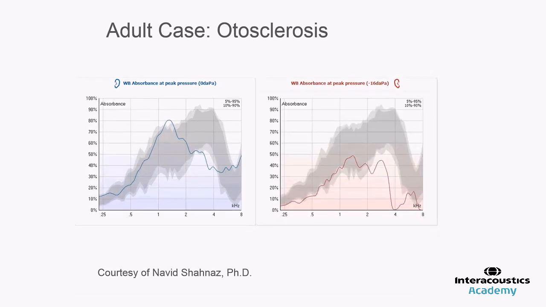And here's that same ear looking at the absorbance in the more normal left ear. There's a little bit of a decrease in the high frequencies, and it may be that there is some otosclerosis starting in that ear, even though there's not a significant conductive loss. But in the right ear, we have very low absorbance across a really broad frequency range.